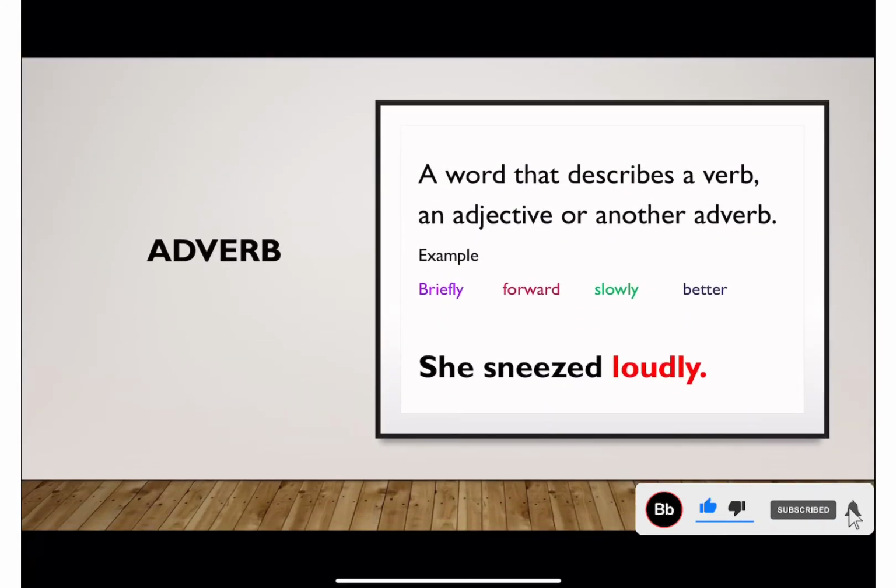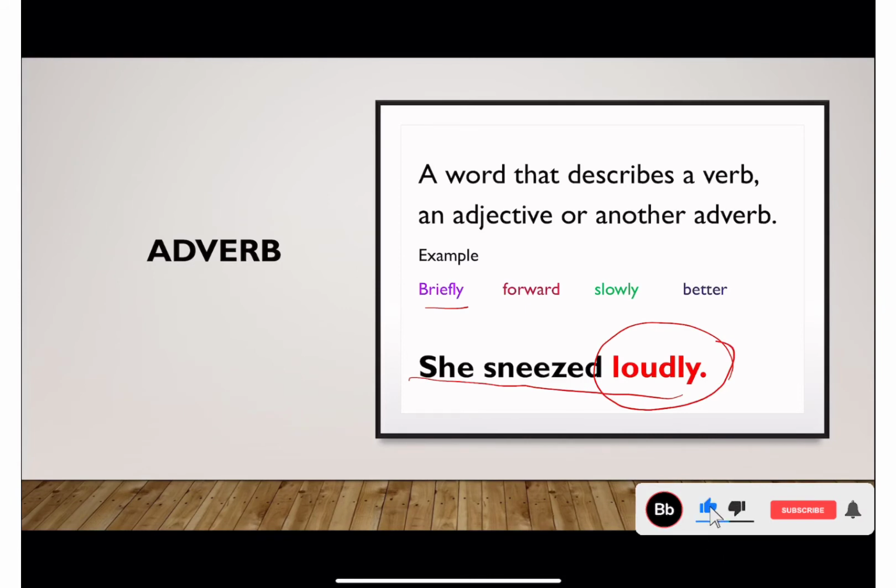Now we focus on adverb. An adverb is a word that describes a verb, an adjective, or another adverb. Some of these could be words like briefly, forward, slowly, better. Now, my sentence that I chose is, she sneezed loudly.